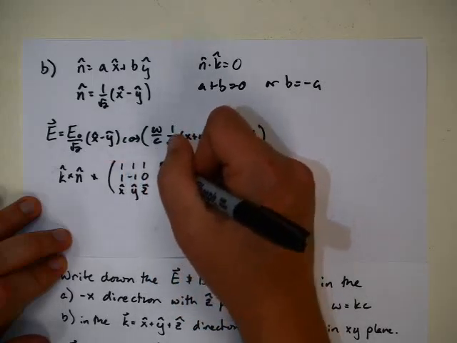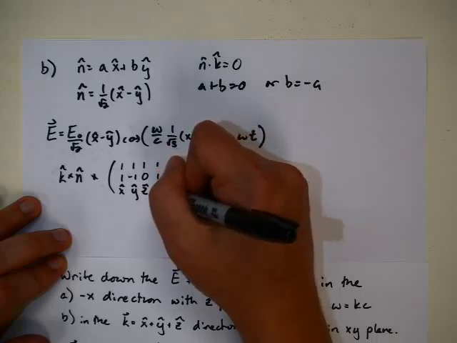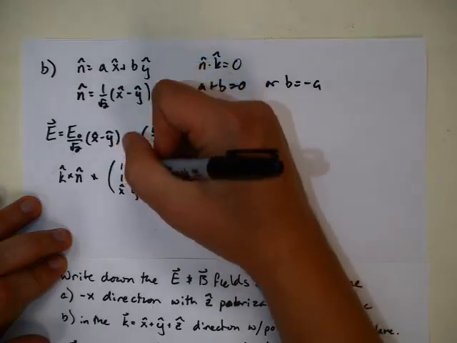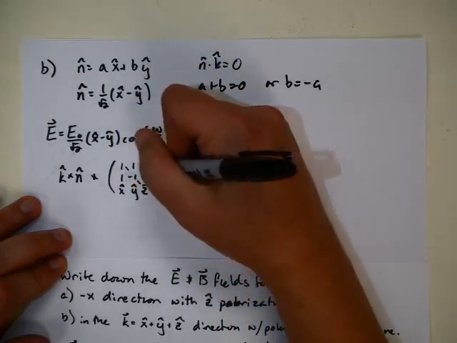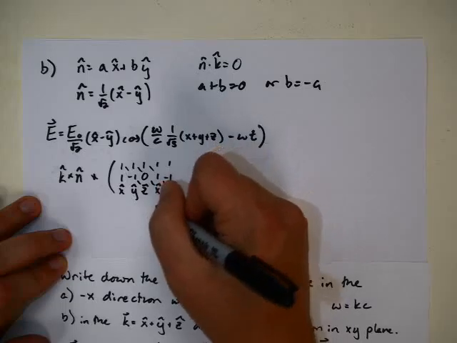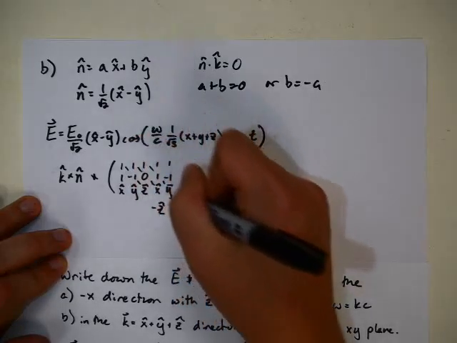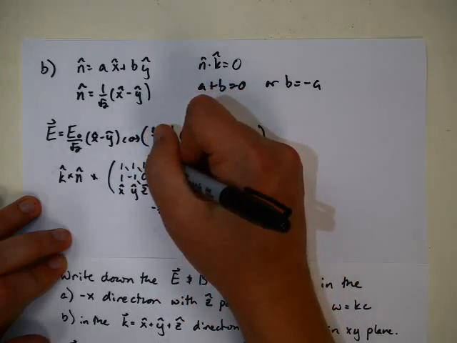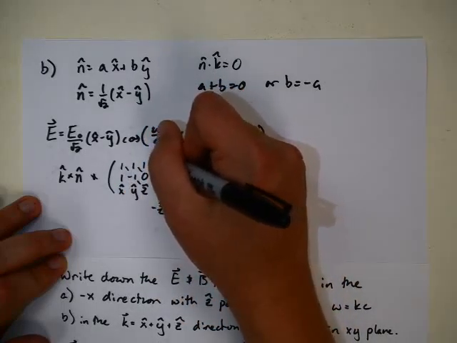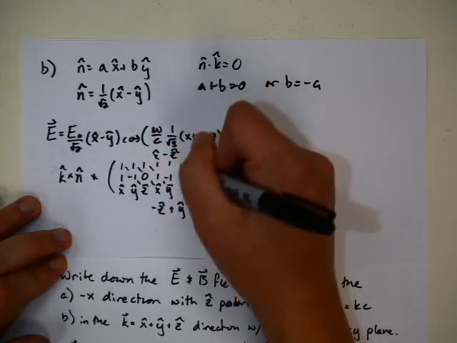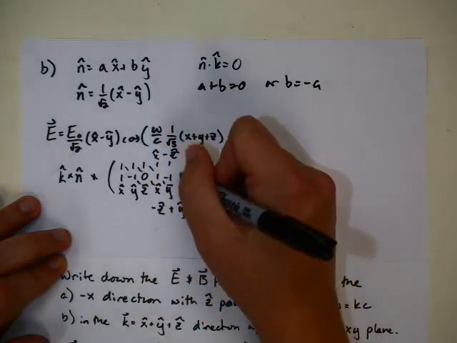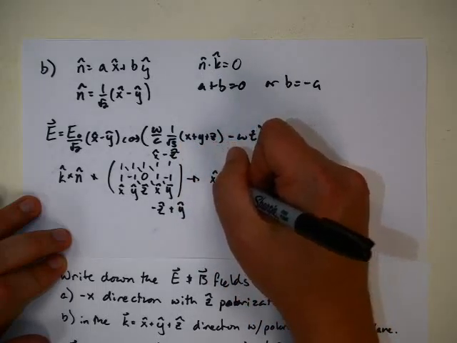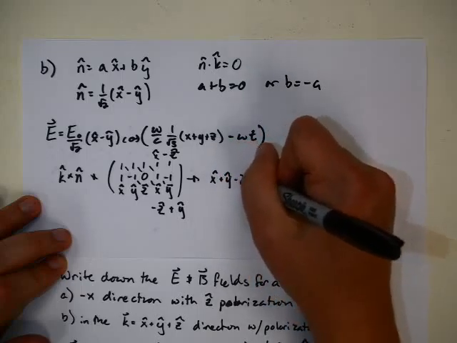If I continue, copy the first two columns over, and I multiply down, I get minus z hat plus y hat, and then if I multiply up, I get x hat minus z hat.